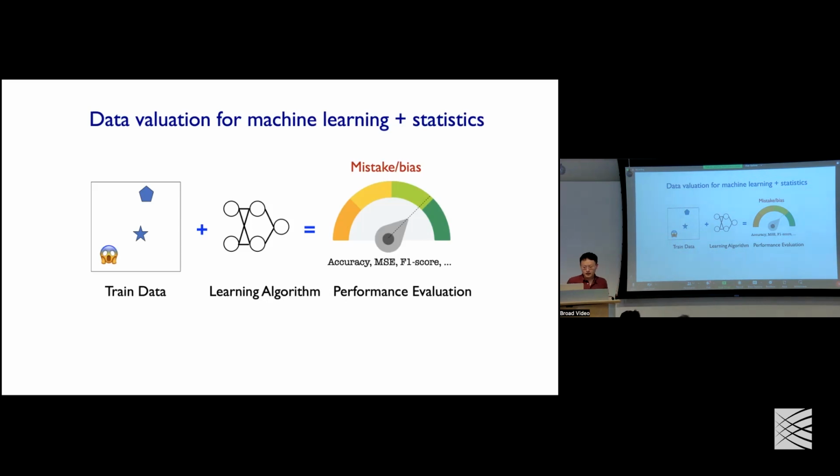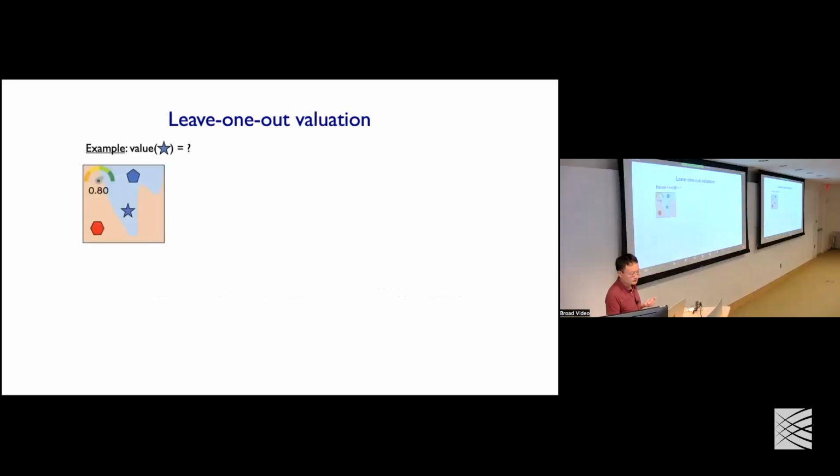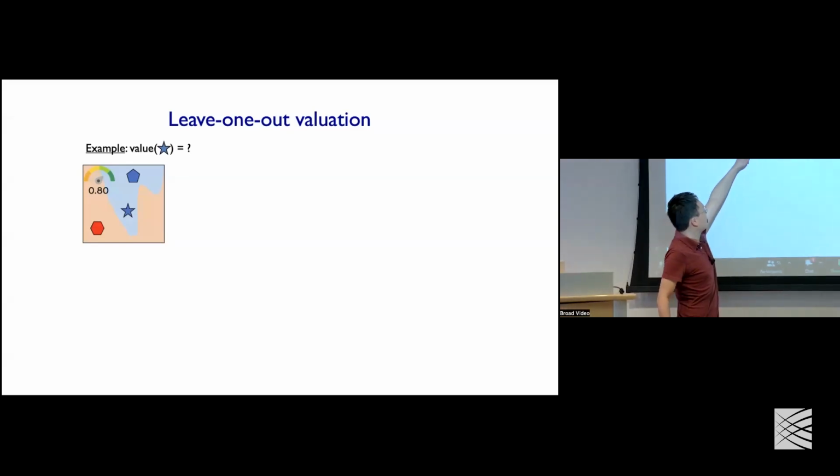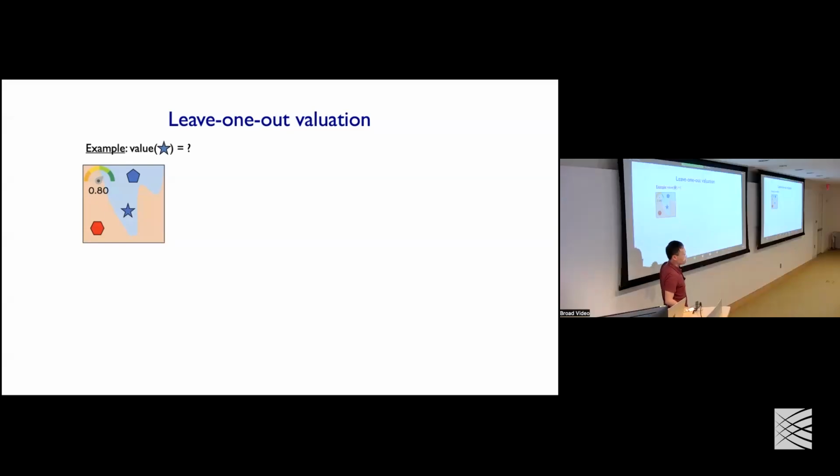So how do people think about solving this data evaluation problem? Maybe the first idea that might come to mind is also very intuitive: let's do some sort of leave-one-data-point-out analysis. In this case, I have these three training data points, which could be data from different hospitals or from different patients or from different biobanks. And I want to figure out the value or the contribution of this middle point, this star point.